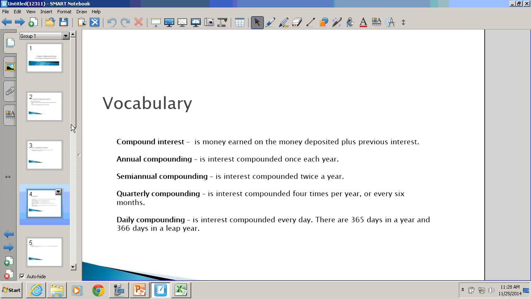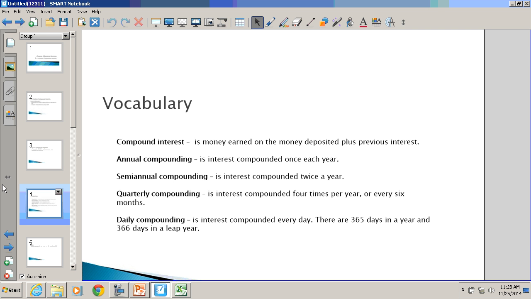Here are some vocabulary terms that you need to know. So as I said, compound interest was interest computed multiple times, more than once. Annually would mean that it would be computed every year.